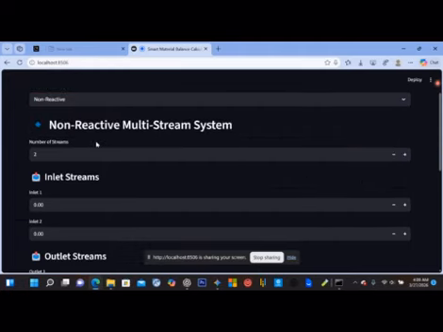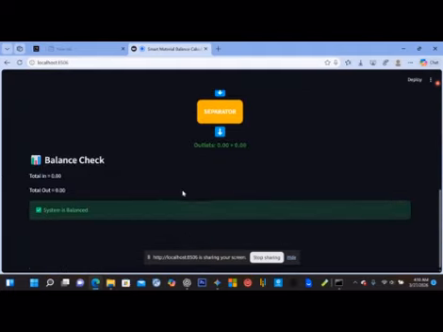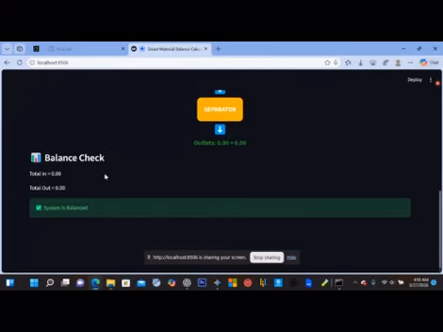We can also select a number of streams, specify our inlet streams and our outlet streams, and finally the calculator performs the material balances for us. If in the course of inputting our values we make some errors, it's going to tick red here. It means our system is not balanced.